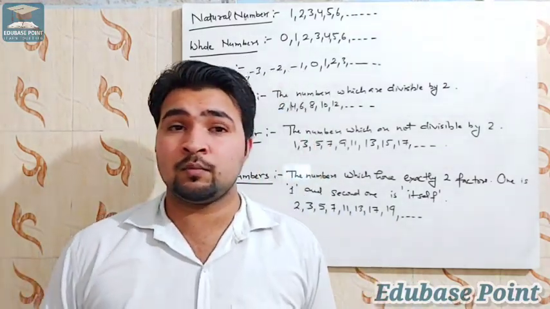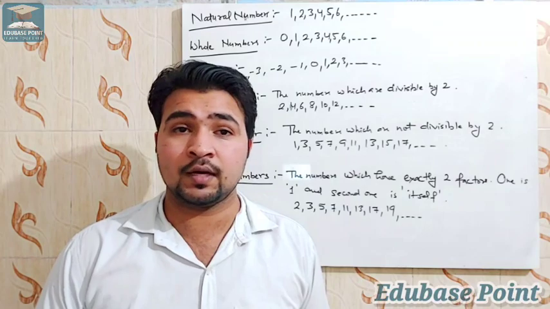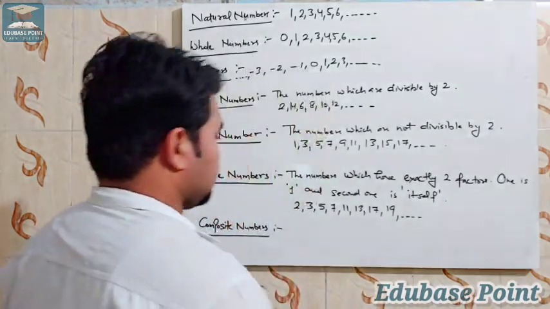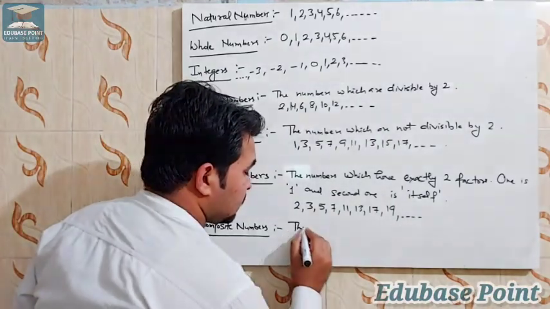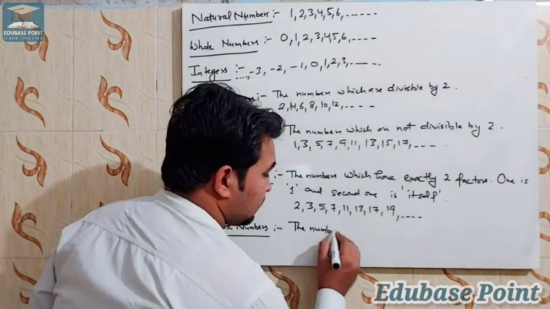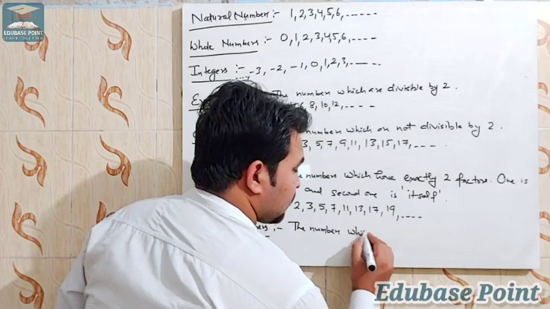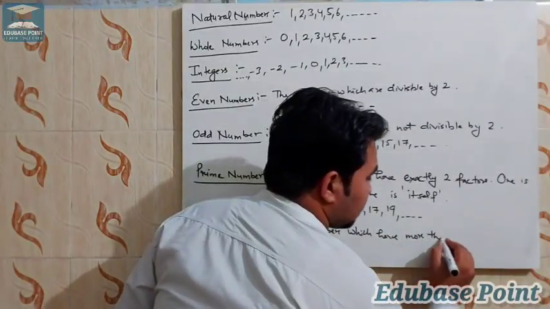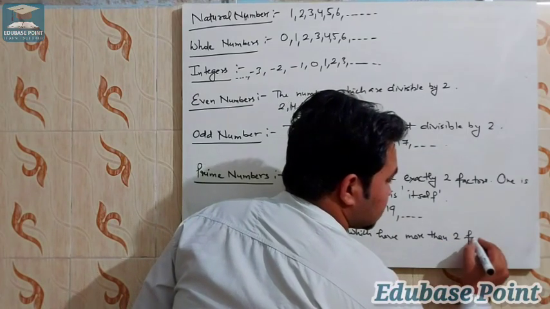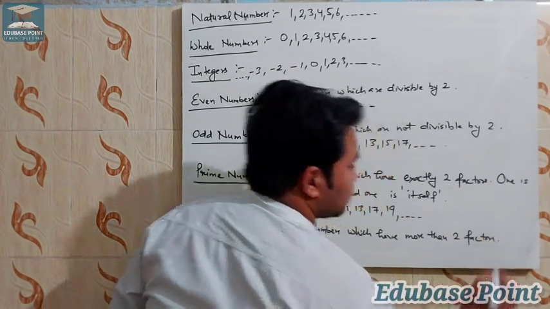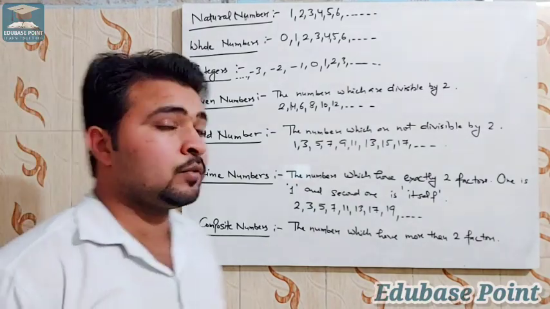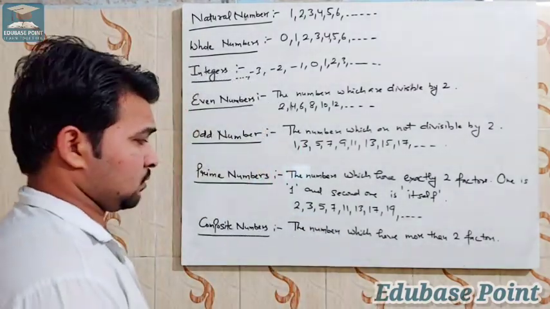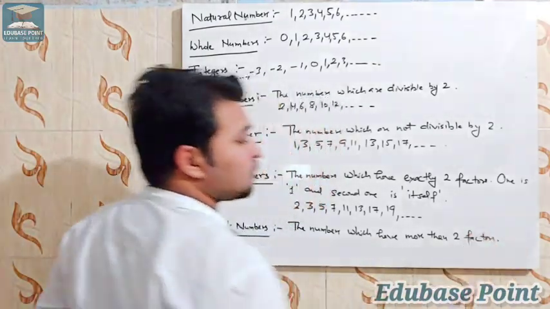Composite numbers are those numbers which have more than two factors.